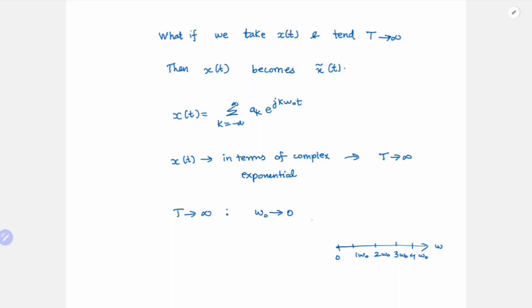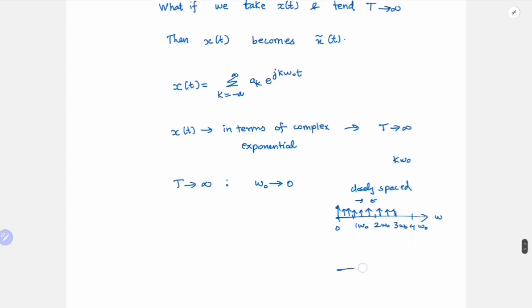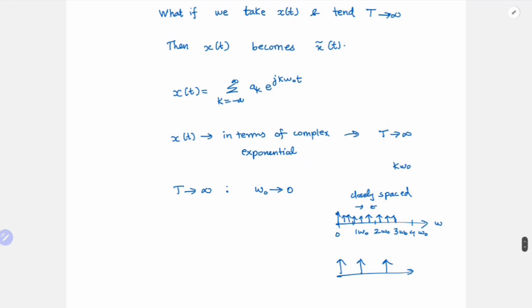As omega naught tends to 0, what will happen to k omega naught? They will be closely spaced, correct? Because omega naught itself is shrinking. So if initially they were at 0, 1 omega naught, 2 omega naught, now when we start to decrease omega naught, they come closer.